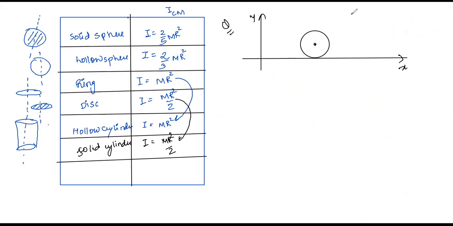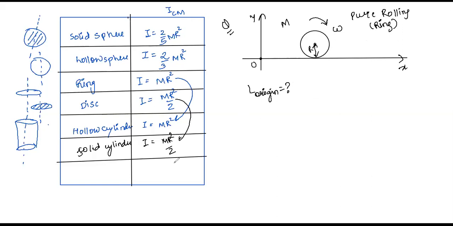We are told that this ring is in the state of pure rolling. It has angular velocity omega and radius r. We have been given r and omega, and its mass is m. Find out the angular momentum about the origin. Now go ahead and tell me.